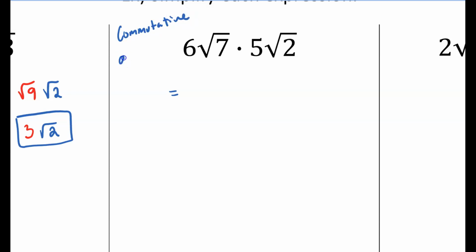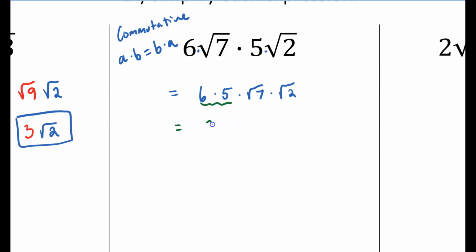Commutative, meaning that A times B is the same thing as B times A. So all of these things are multiplying: 6 times the square root of 7 times 5 times the square root of 2. I'm just going to rewrite this: 6 times 5 times the square root of 7 times the square root of 2. If I put it like this, this won't freak you out. The above form will freak you out, but this form doesn't.